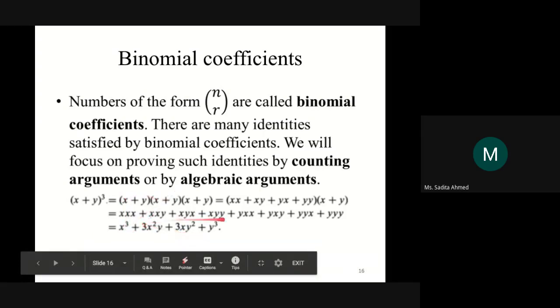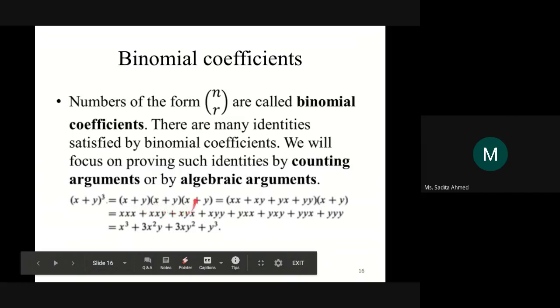This entire thing is obtained by multiplying each of these variables with each other, right? Now, how exactly is it that we got x cube? From the first term, we chose x to multiply with the second term. Now, in the second term as well, if you choose x, what do you get? X squared.